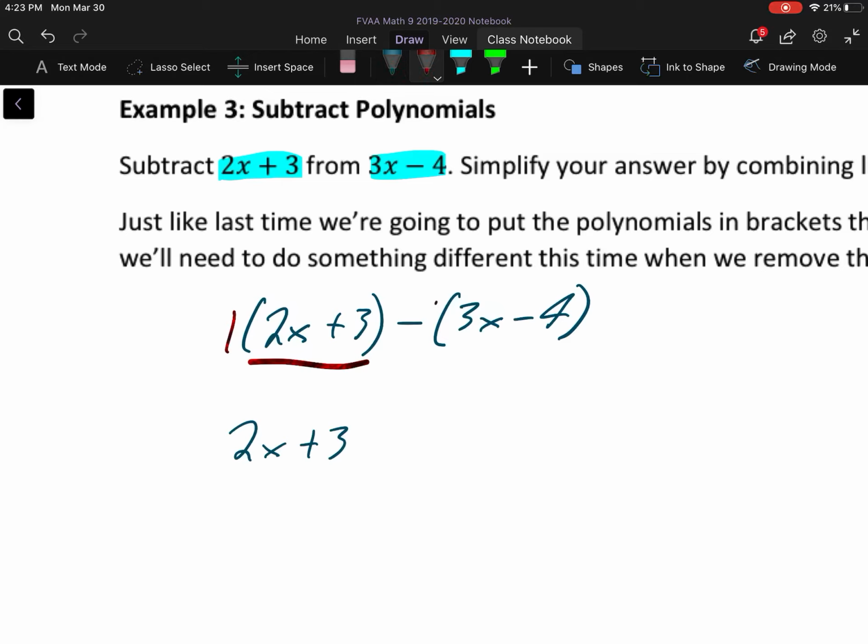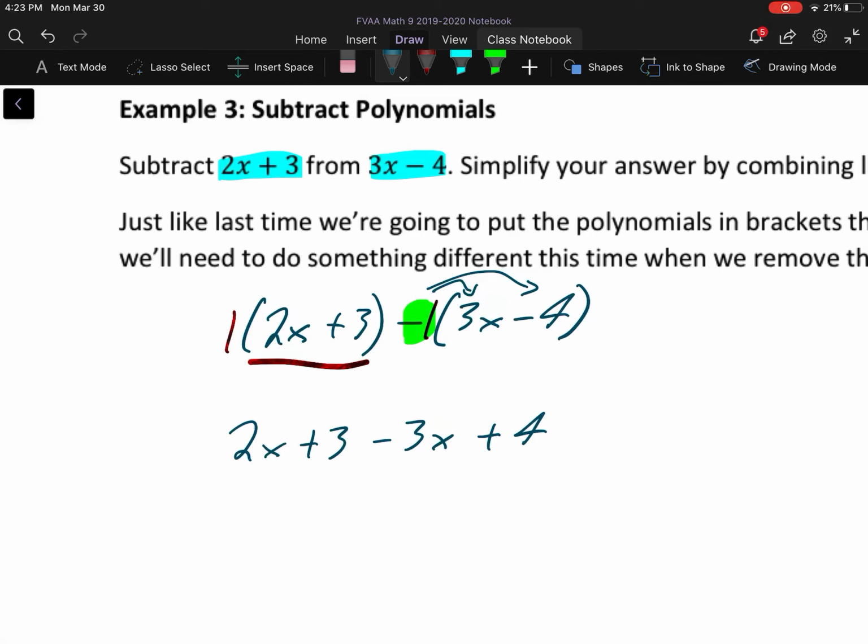But here, notice that if I assume that there's an invisible 1 beside the second bracket, now the coefficient in front of the second bracket is a negative 1. So now I'm multiplying negative 1 to both terms inside. So the negative 1 times 3x turns this into a negative 3x, and the negative 1 times negative 4 turns this to a positive 4.